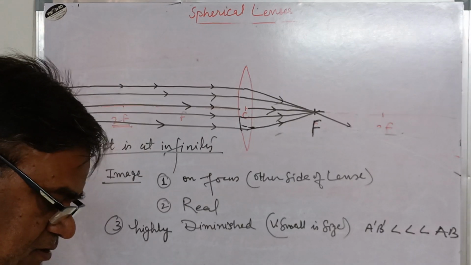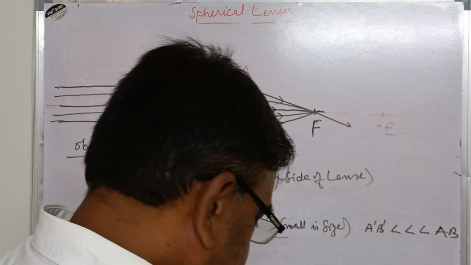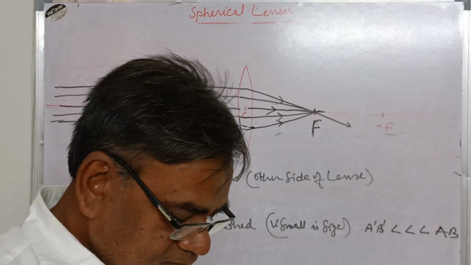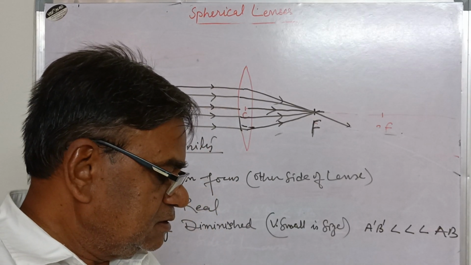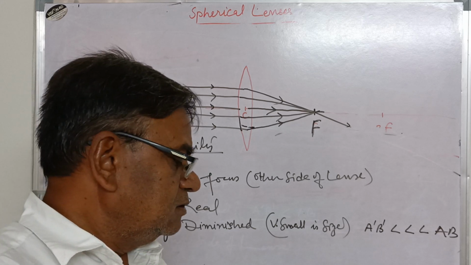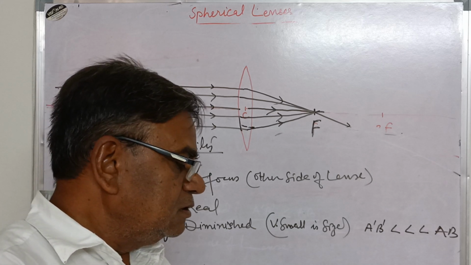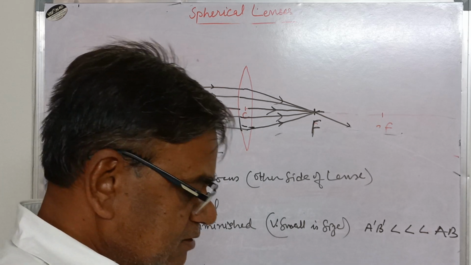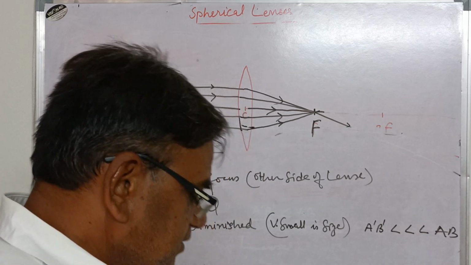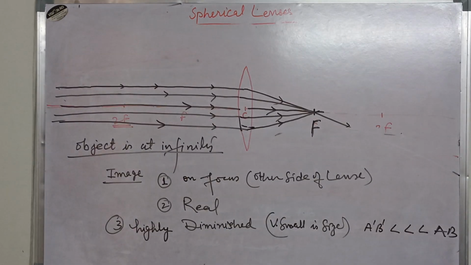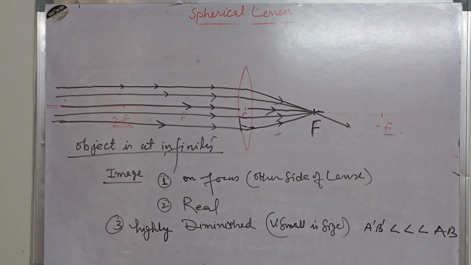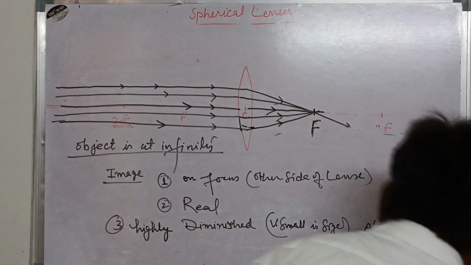The characteristics we have written here, we have discussed. Now, some interesting things about the convex lens. Only one thing.